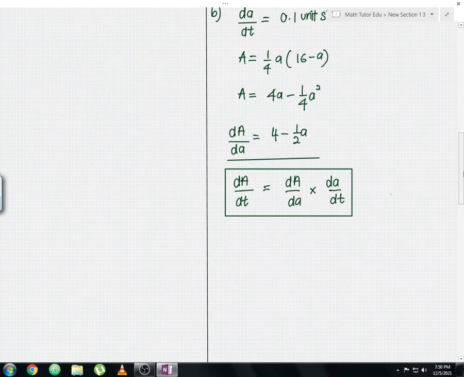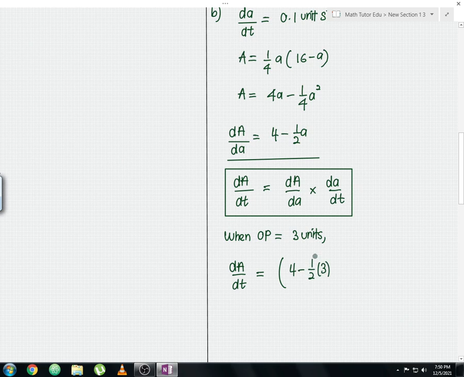So when OP is equal to 3 units, dA/dt is equal to 4 minus 1/2 times 3, because you substitute the 3 units over here, close bracket, and then you multiply with 0.1.